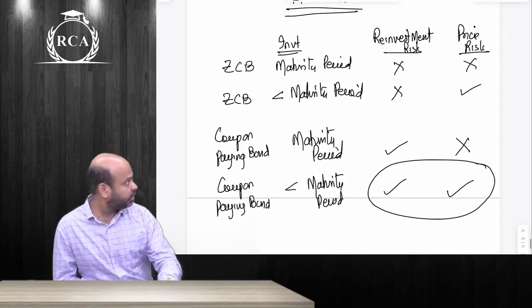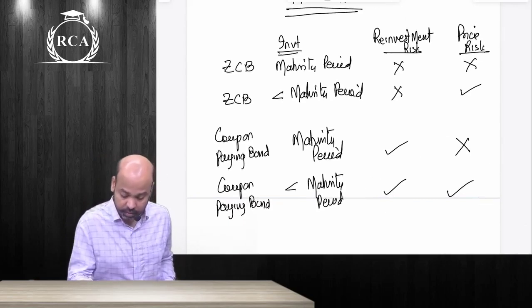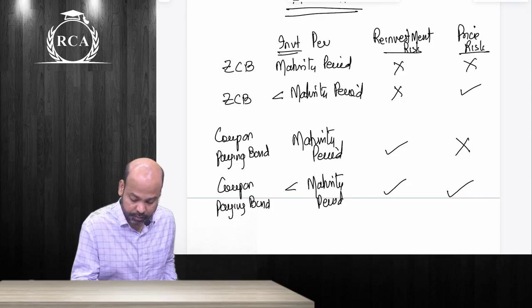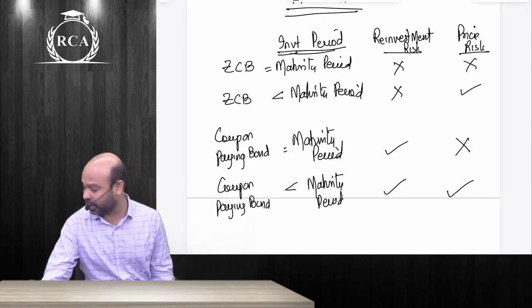Copy this, guys. This is the investment period. Equal to maturity period, less than, equal to maturity period, and less than maturity period.